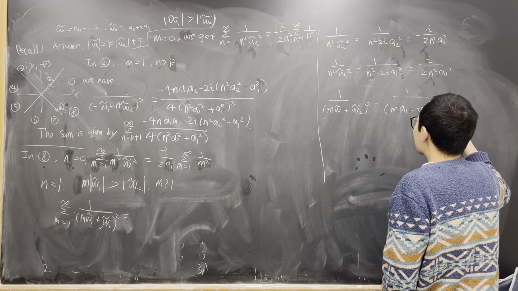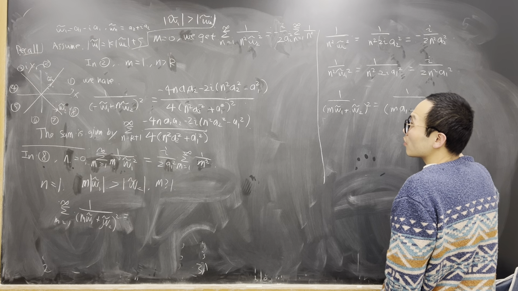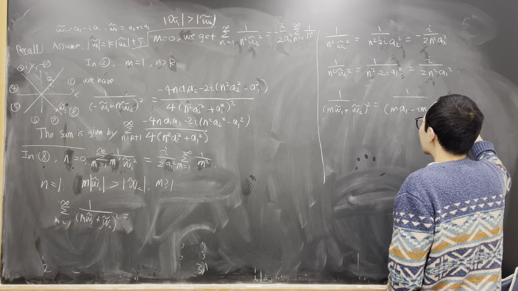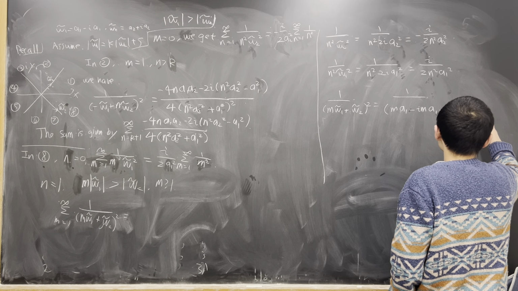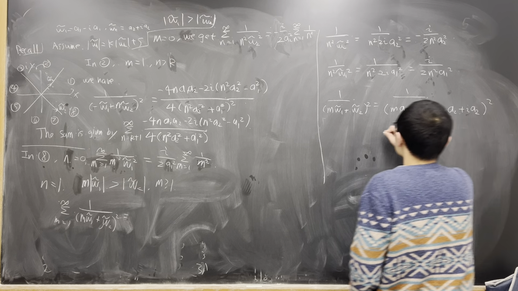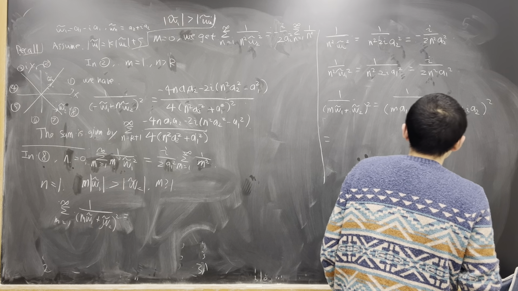And then what is omega 2? So omega 2 is a2 plus i a2. Okay.